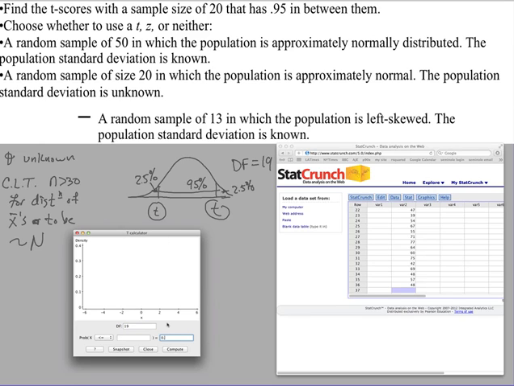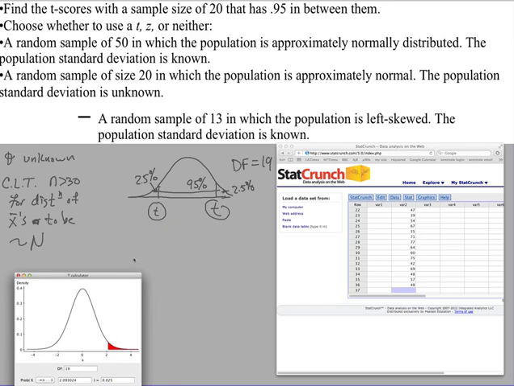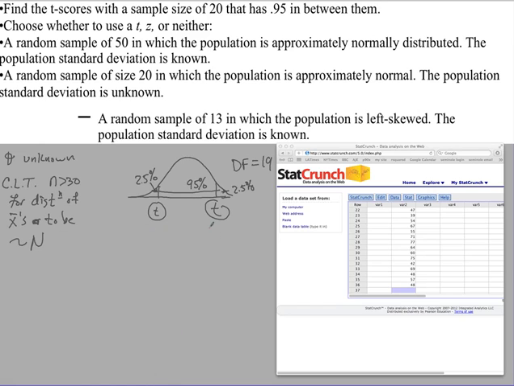I could do right or left. This needs to be 0.025. Compute. So it's 2.09. So this is 2.09, and this is going to be negative 2.09.